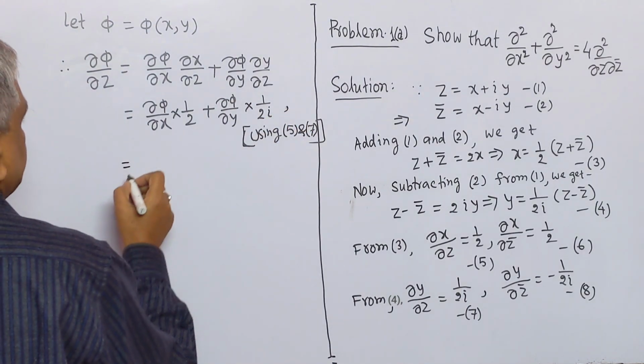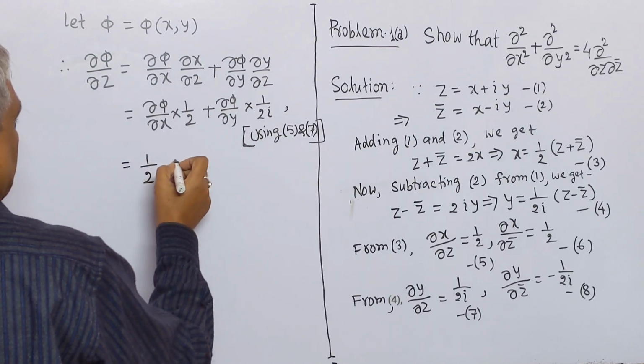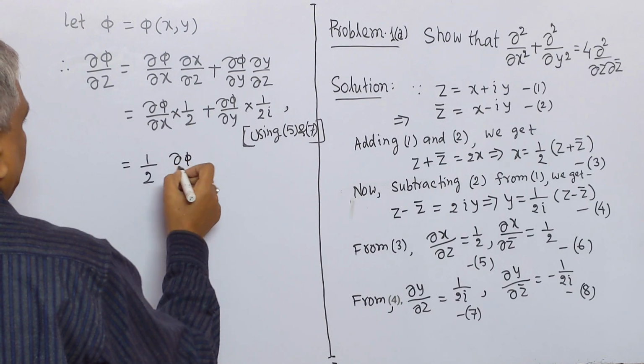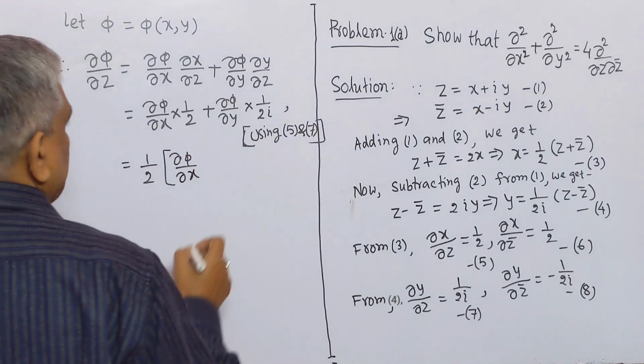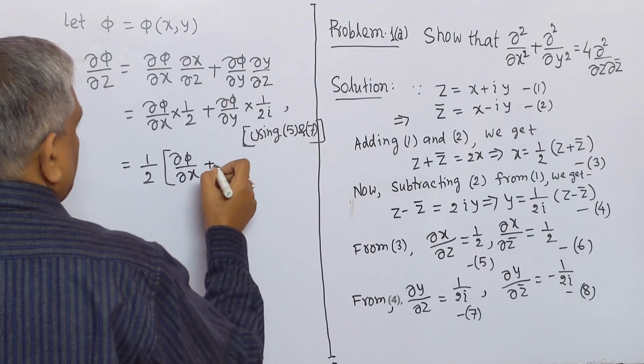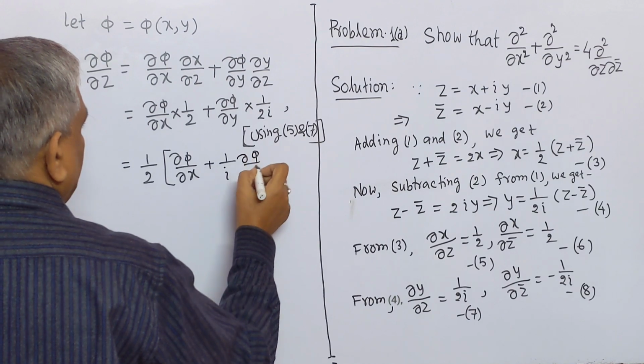This is equal to half del phi by del x, half common, plus 1 by i del phi by del y.